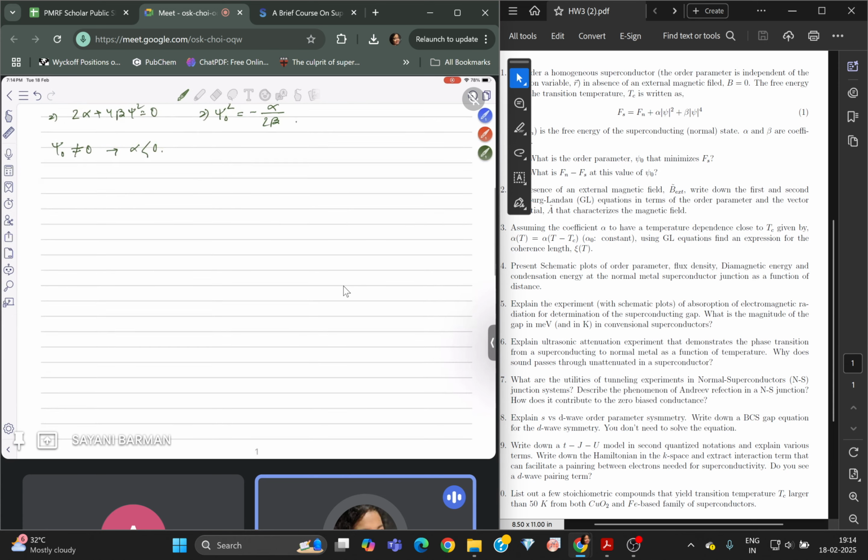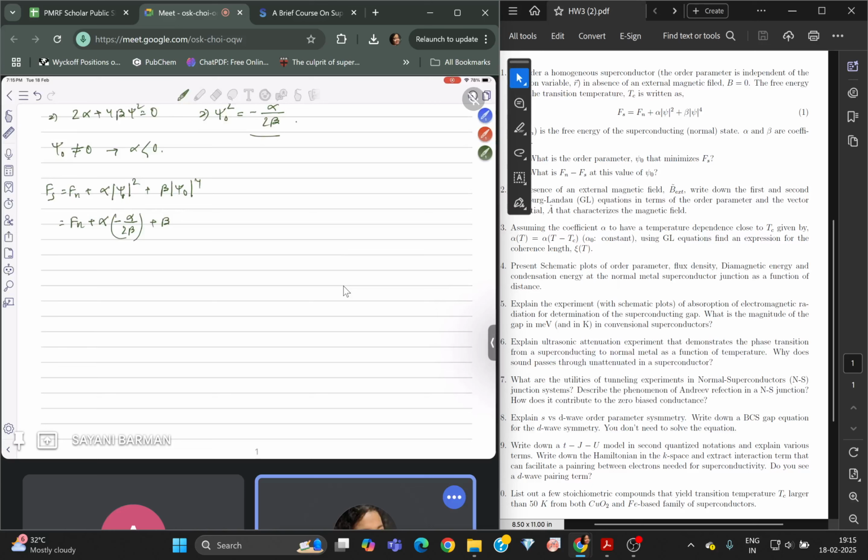Now, substituting this psi 0 value in the Fs equation, the equation was this. Fn plus alpha psi 0 square, right? This was the same thing. Minus alpha by 2 beta. This value only we are putting.